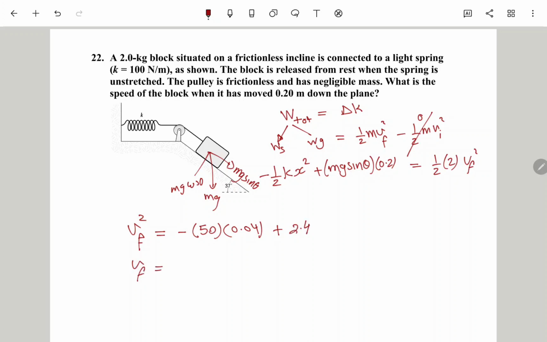V final square equal to minus 2 plus 2.4, or V final equal to square root of 0.4. V final equal to 0.63 meter per second.